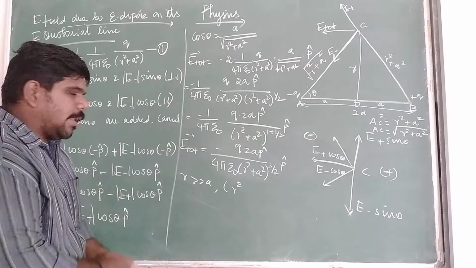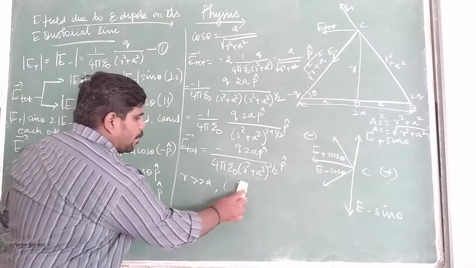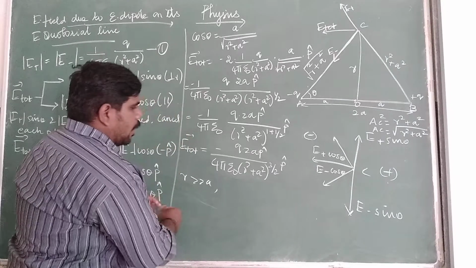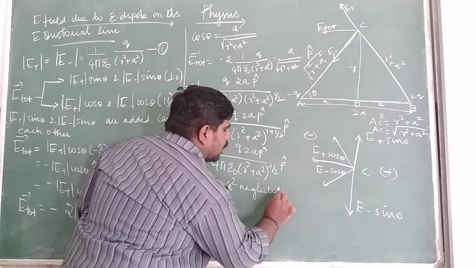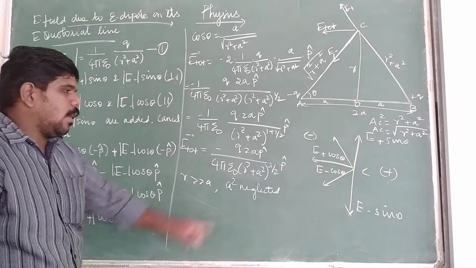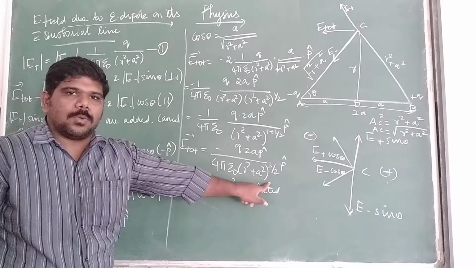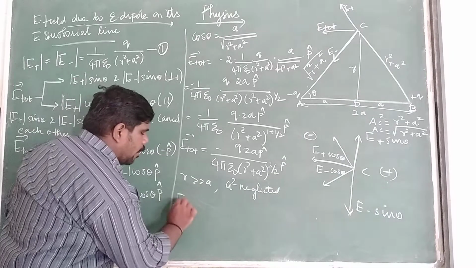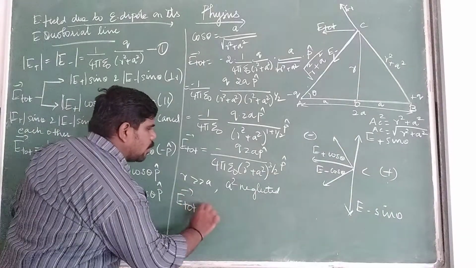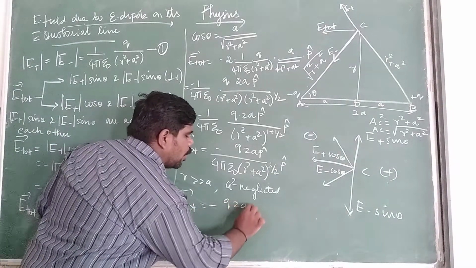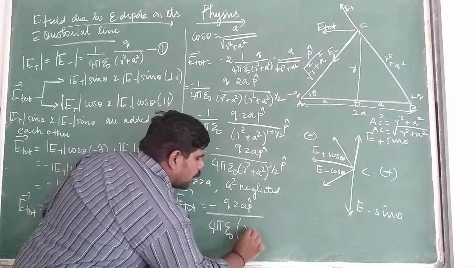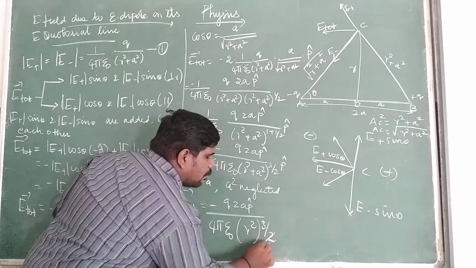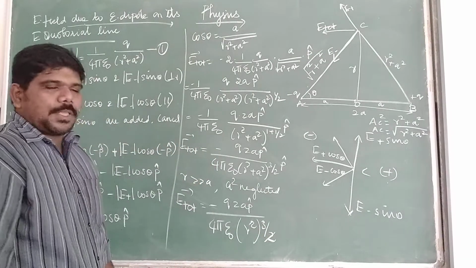If the term A square is neglected, what do you get? R square the whole power 3 by 2, isn't it? E total vector is equal to minus q into 2a p cap by 4 pi epsilon 0 into R square the whole power 3 by 2. You get the value of p cap.